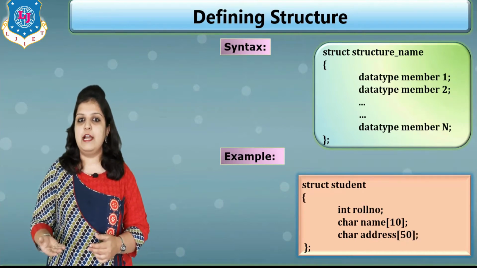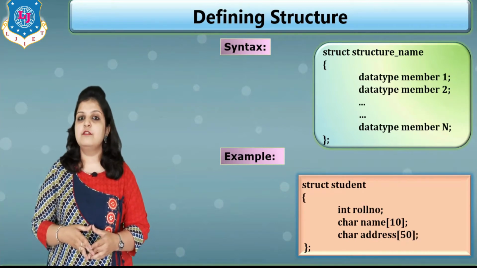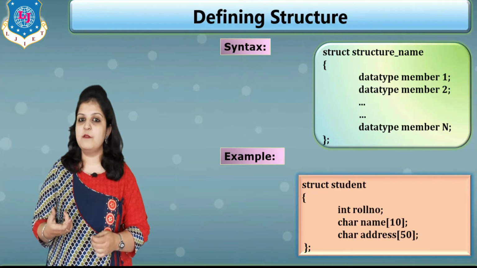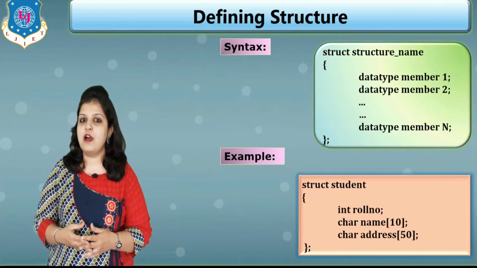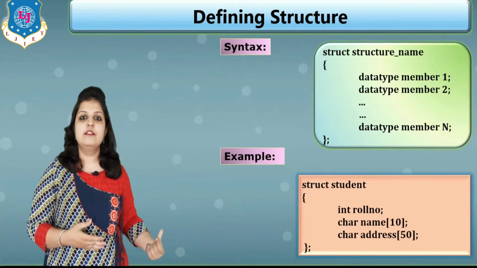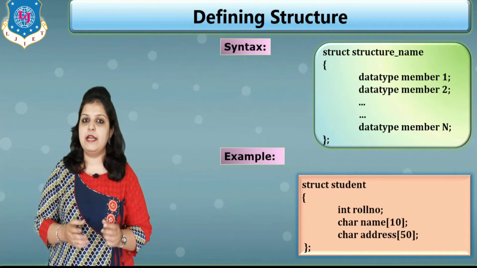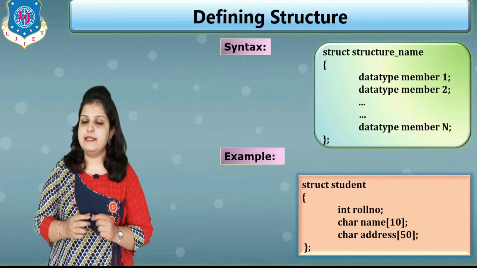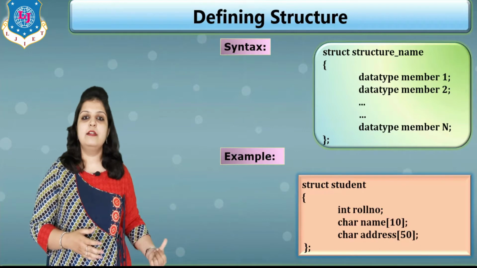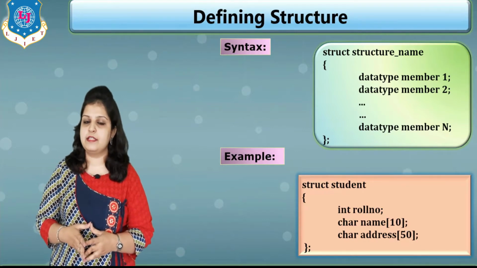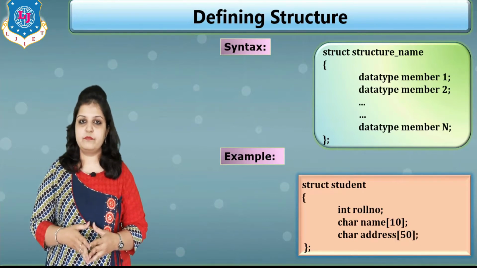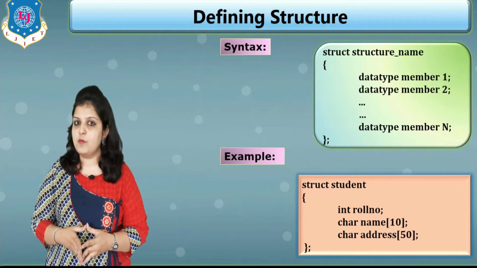Then I want to enter the name of the student. Name is always in the form of a string, so for a string we have to use a character array. So the second is char name, and in brackets the size is 10 here. Then the third attribute, or we can say member, is address. Address is also in the form of a string.